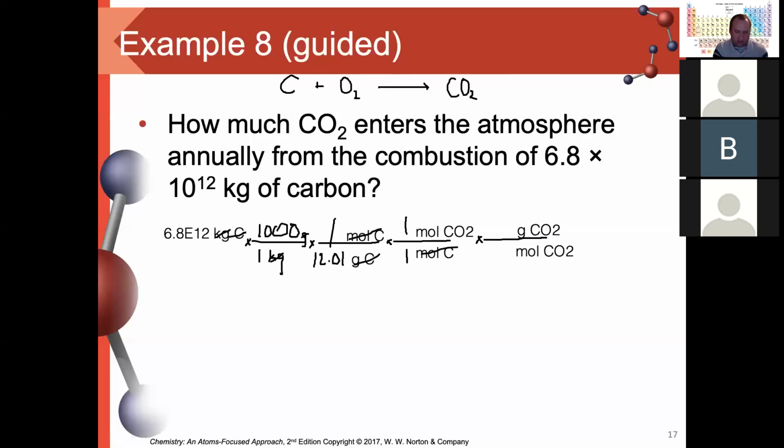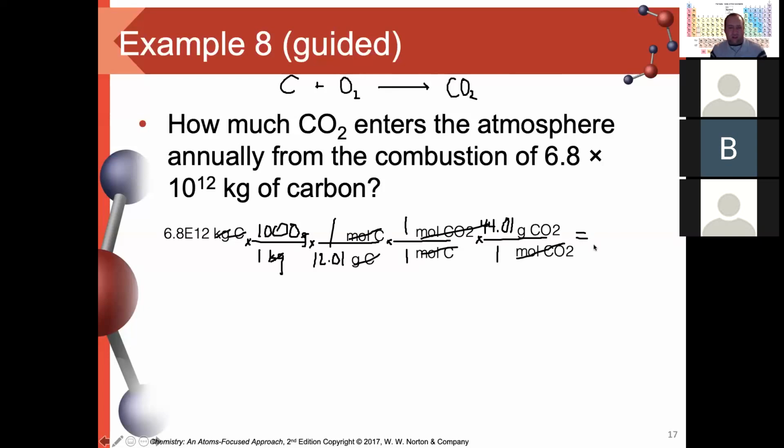Each oxygen is 16.00. So the molar mass here is 44.01 grams of carbon dioxide for every mole of carbon dioxide. My moles of carbon dioxide cancel.